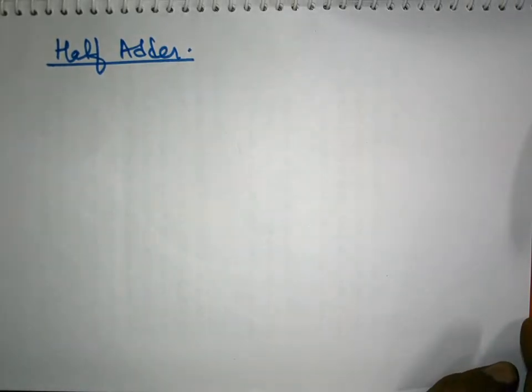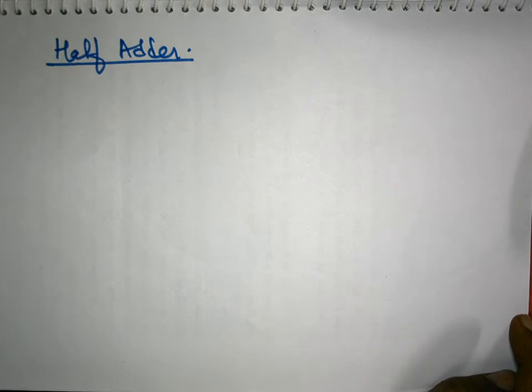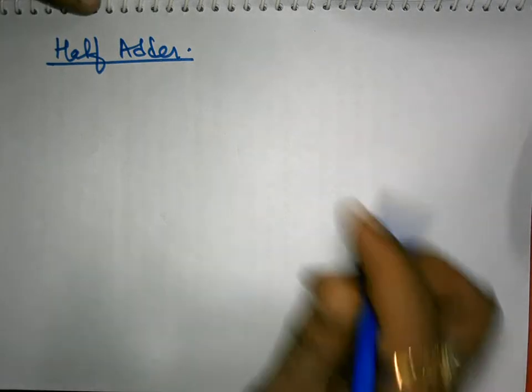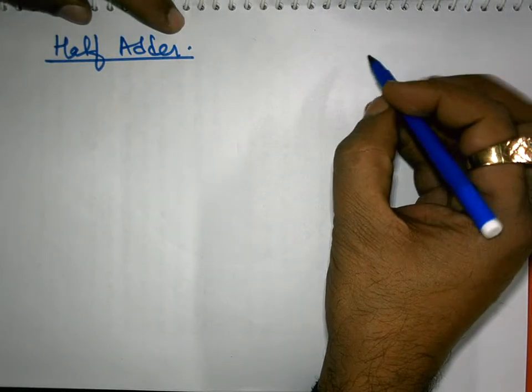We will make our attempt to design all the circuits using either NAND gate or NOR gate, and you will find which one is simpler. You will adopt the way to design the simpler circuit, whether it is made up of NAND gates or NOR gates. So firstly let us see what the half adder is.